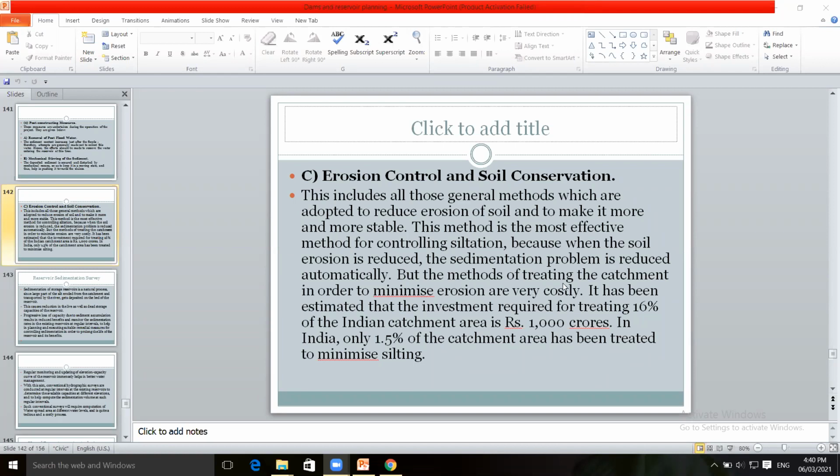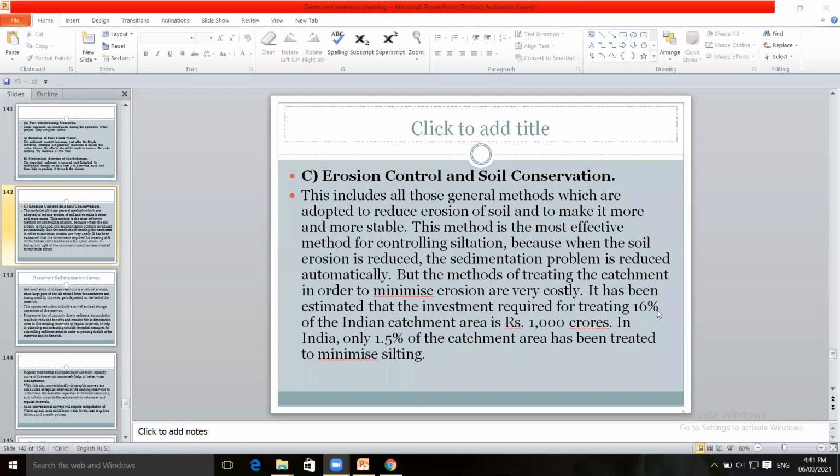But the method of treating the catchment in order to minimize the erosion is very costlier. Erosion जर कमी करायचं असेल, so it may require some mechanical equipment, or some proper measures have to be taken before construction or after construction to avoid the erosion. So it becomes costlier to minimize the erosion.